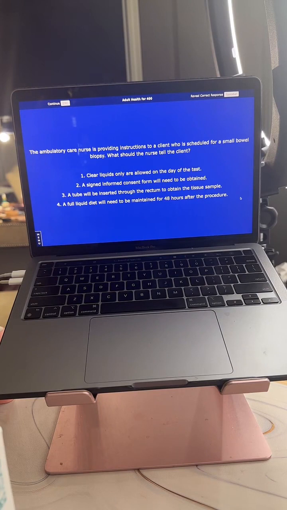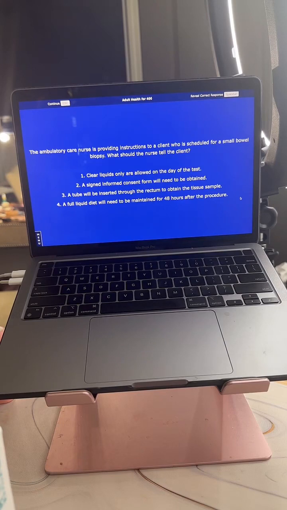What is our answer? Remember to say what is, and then after you answer, tell me the rationale. Tell me why you chose the answer that you chose. Give me your rationale. Whenever you're taking practice tests, whether it's NCLEX Jeopardy or another resource, always ask yourself what the rationale is, why the answer is what it is, or why you selected the answer you selected.